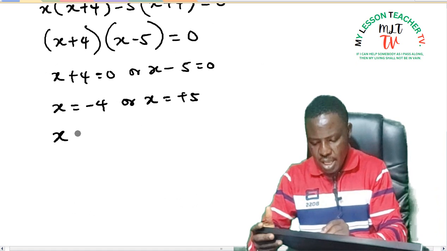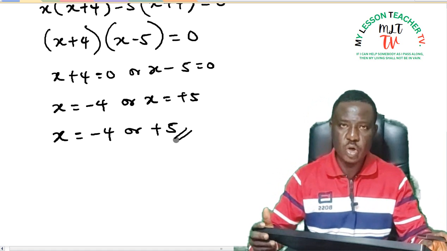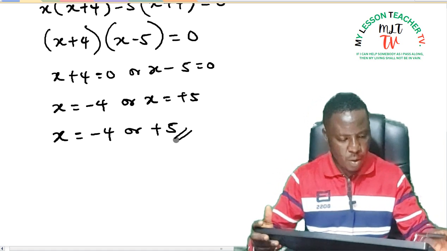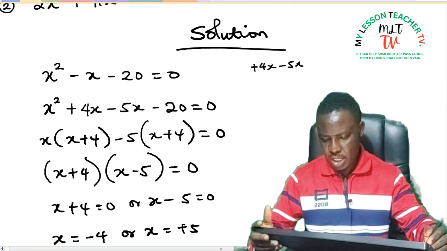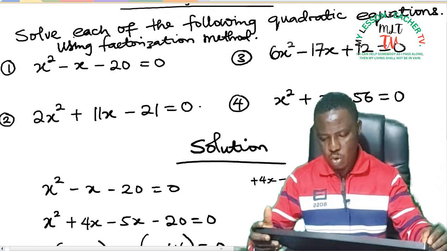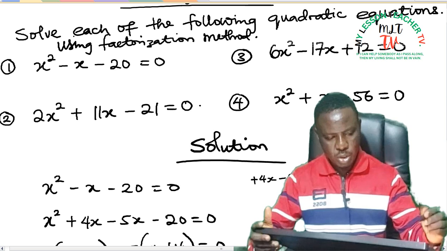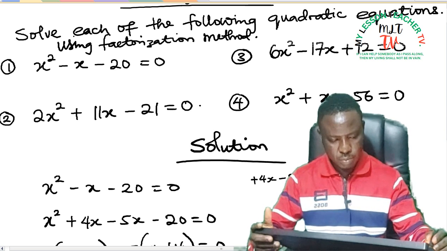So this is your answer. x is equal to minus 4 or plus 5. So this gives you the solution to question number 1 that says x squared minus x minus 20 is equal to 0. So this is how to factorize the quadratic equation using the factorization method.